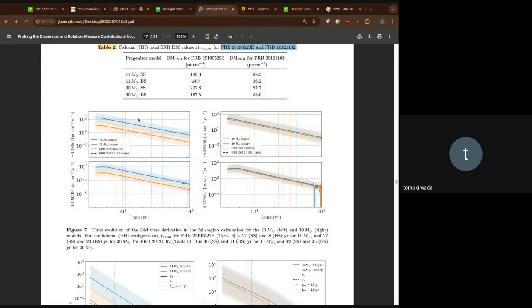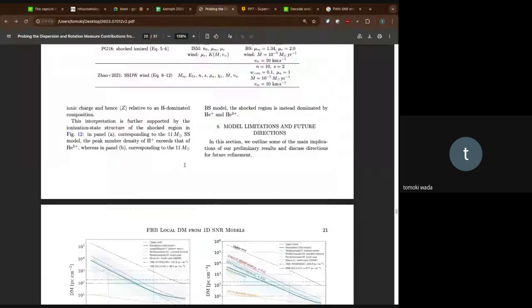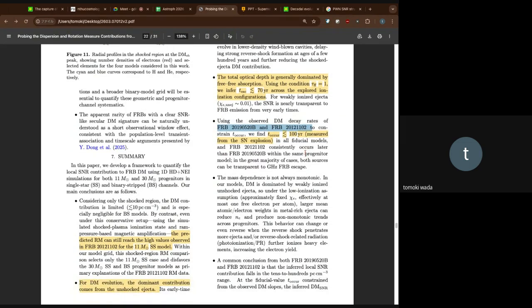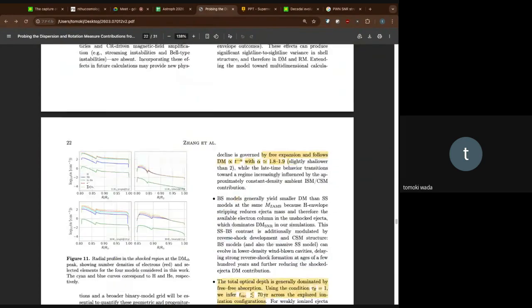Using the information of dispersion measure and rotation measure time evolution, they estimate the age of these sources. Maybe the supernova explosion should occur within 100 years for these sources. Maybe the result is not so special, but the important point is they confirm this result with numerical simulations. I think this is the important point of this paper.